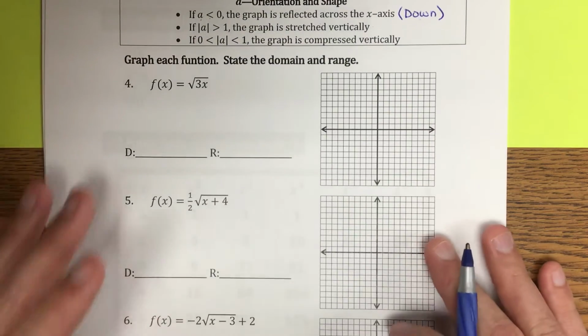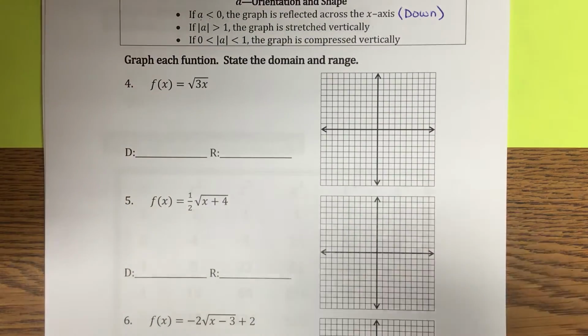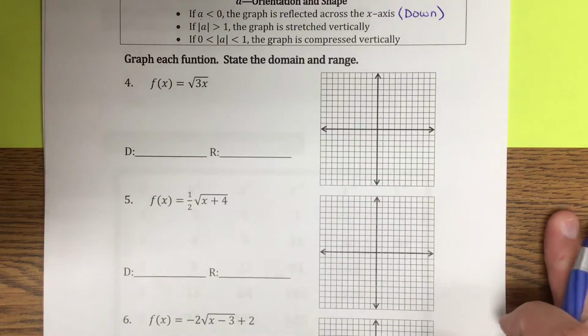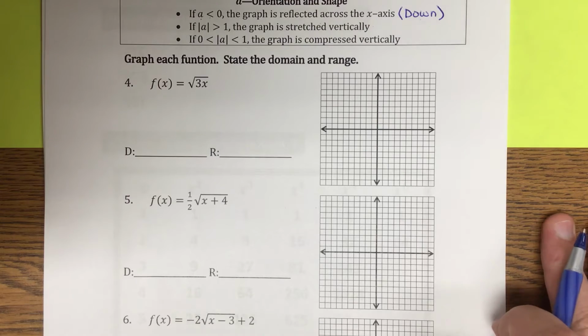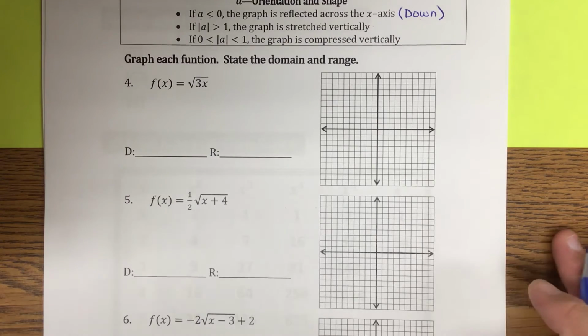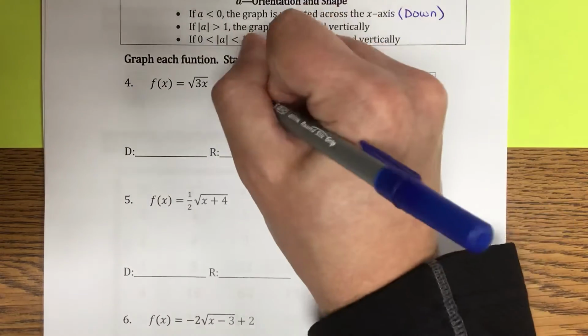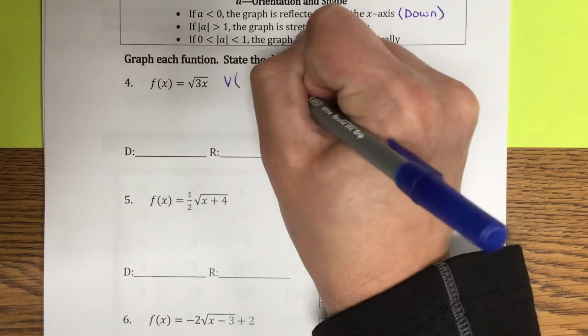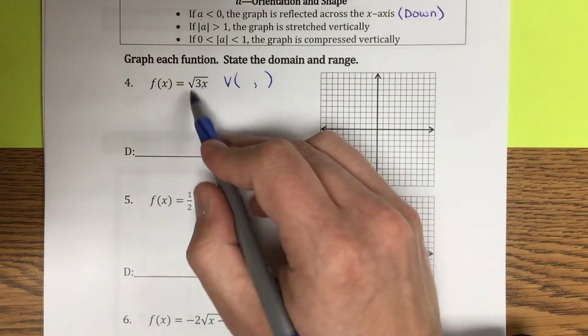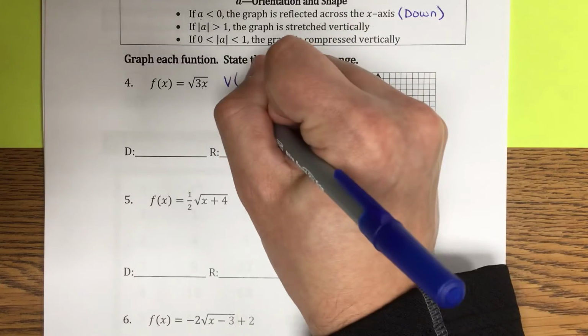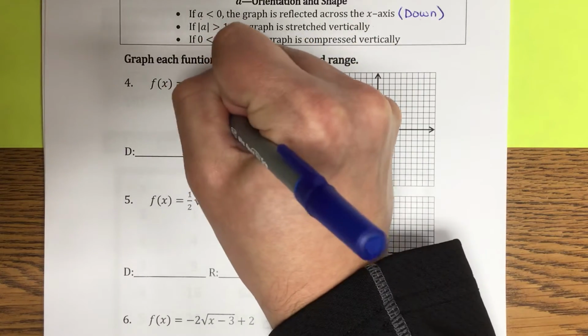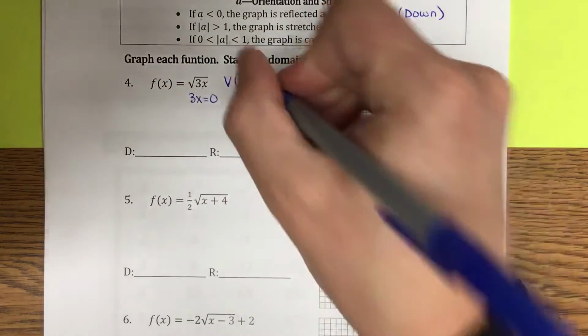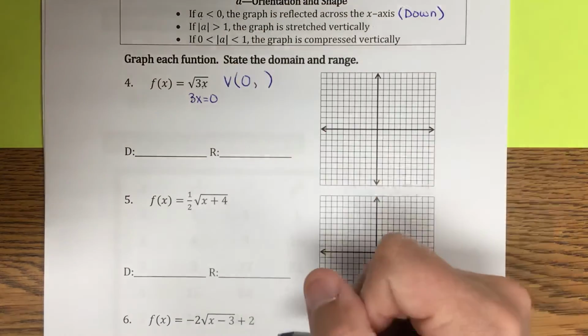So the first thing that we're going to do for 4, 5, and 6 is we're going to find the vertex. And the vertex is going to be very similar to finding the domain or the range of the graph. So to find the vertex of this graph, I'm going to take the 3x, the term underneath, and I'm just going to set it equal to 0. And if you divide by 3, you get an x value of 0.